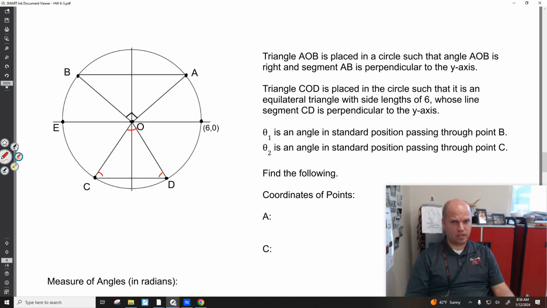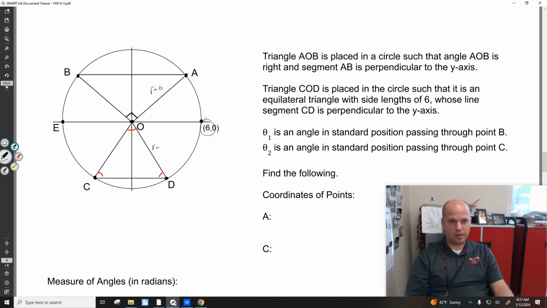All right, first thing, angle theta 1 is an angle in standard position passing through the point B. So 6OB is angle 1, and then 6OC is theta 2. First thing I realize is that my radius is 6.